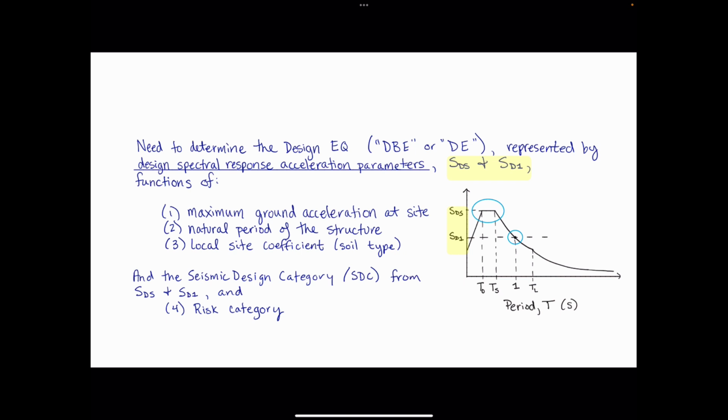Sometimes we use frequency instead of period on the horizontal axis. We see that more with wind analyses than seismic analyses. In seismic, it's always natural period on the horizontal axis for spectrum. So that's just some background.